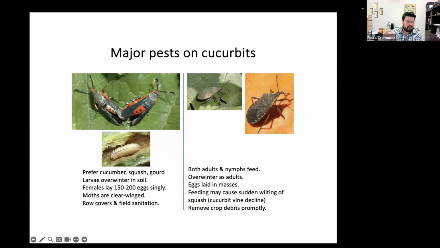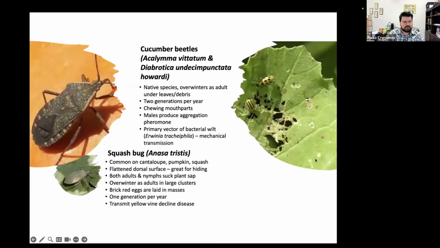Other host plants they can attack could be tomatoes, some crucifers like cole crops and broccoli, snap beans, southern peas, and tobacco. It's one of the major pests. And moving on to another one: the squash vine borer and squash bugs are part of the major pests that we have here in Alabama as well.